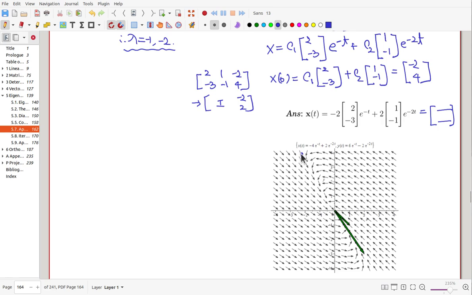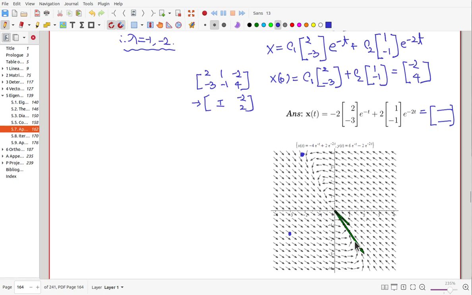So start with this one, then the solution curve will go in this way. From here, it changes over there. If your initial value is around there, then your solution curve will make such a trajectory.